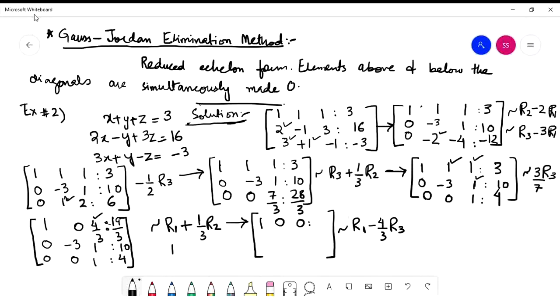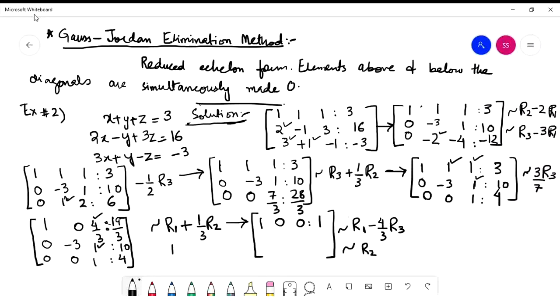So what will be the last constant? 19 by 3 minus 4 by 3 into 4. That makes it 19 minus 16 by 3. So 3 by 3 is 1. That simplifies.